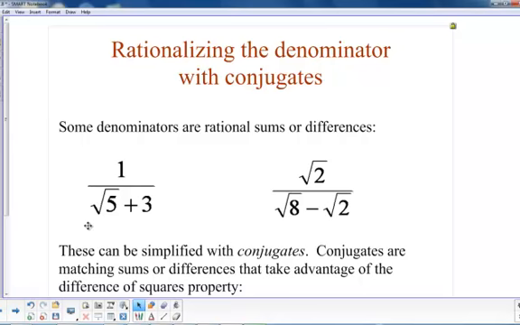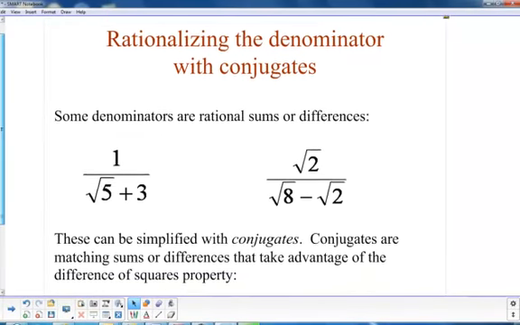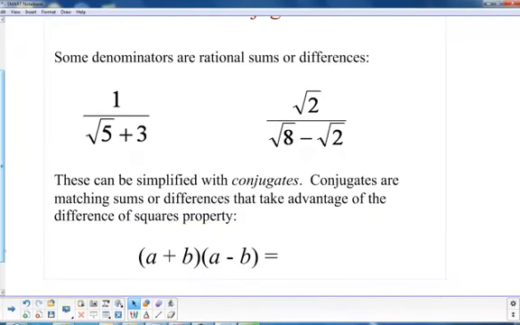All right, there's something called a conjugate, and that's when you have this plus or minus. And if you remember the difference of squares, when we multiplied this out, the outer and inner of FOIL canceled. The middle two terms cancel.